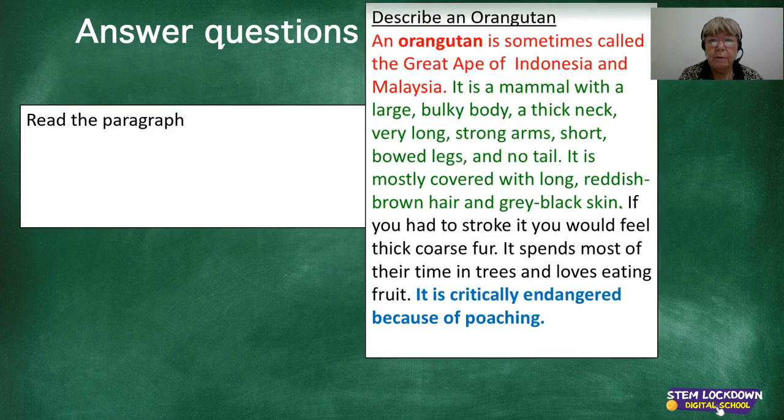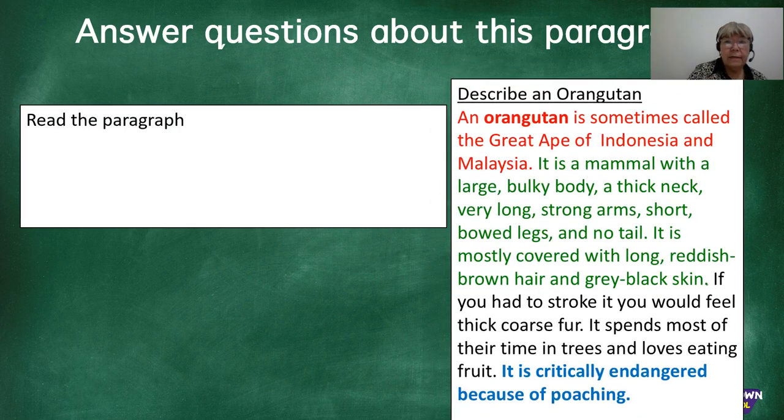So let's read the paragraph together again and practice our reading. Describe an orangutan. An orangutan is sometimes called the great ape of Indonesia and Malaysia. It is a mammal with a large bulky body, a thick neck, very long strong arms, short bowed legs, and no tail.